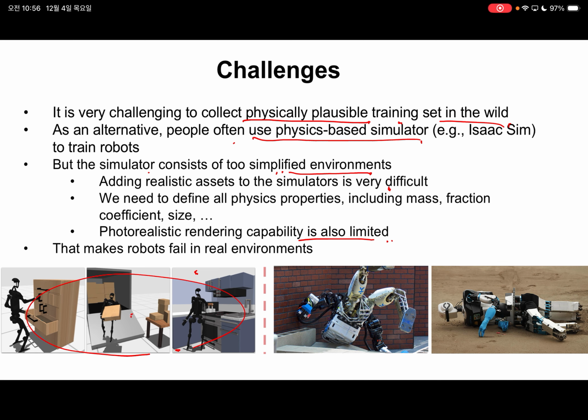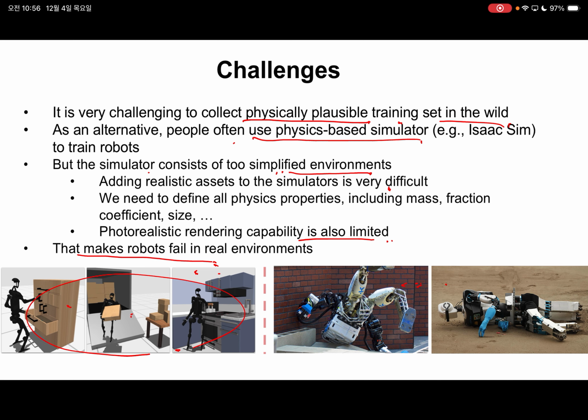The lighting model, I think, is just a diffuse lighting model, so there is no specular. And the environment is very simplified. There is no background, there is no image-based lighting, so the image itself looks very simplified. So robots mainly trained on such very simplified environments, of course, cannot generalize to real-world environments. As you can see, these robots failed in real environments.